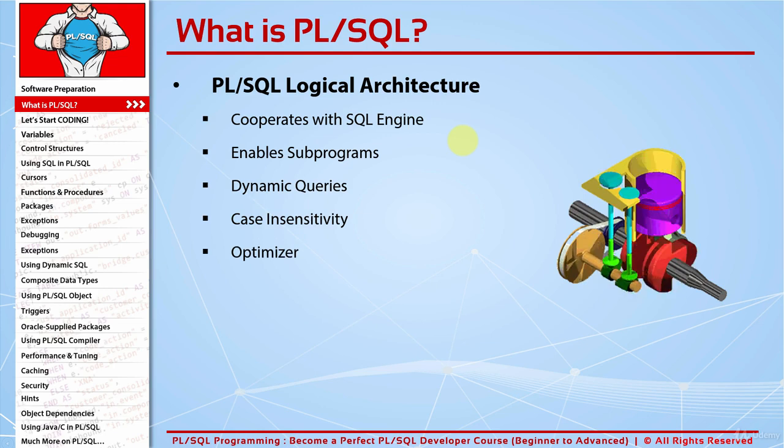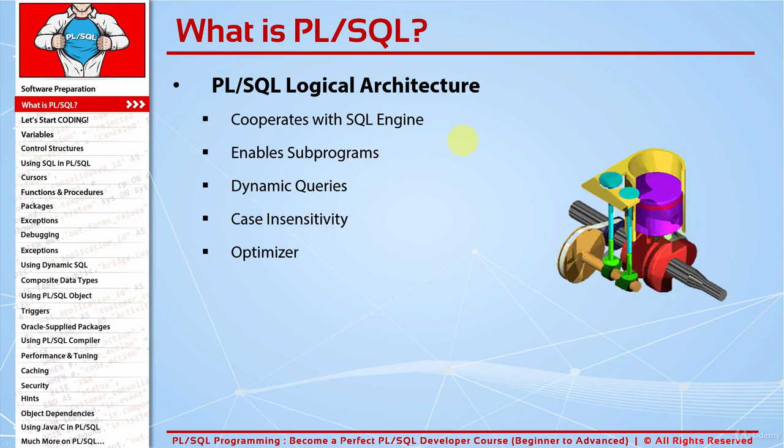And optimizer. There is an SQL optimizer in Oracle. PLSQL has its own optimizer too. Many times, our code will not be designed so well for performance. Oracle offers us an option to optimize our code. We can select the optimization level and it will basically or deeply optimize our code.